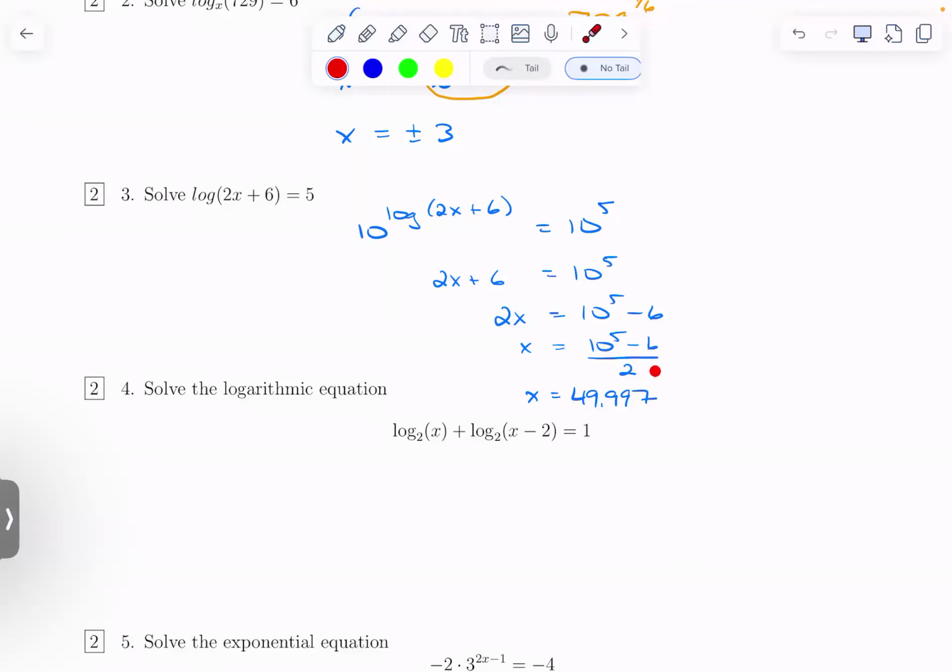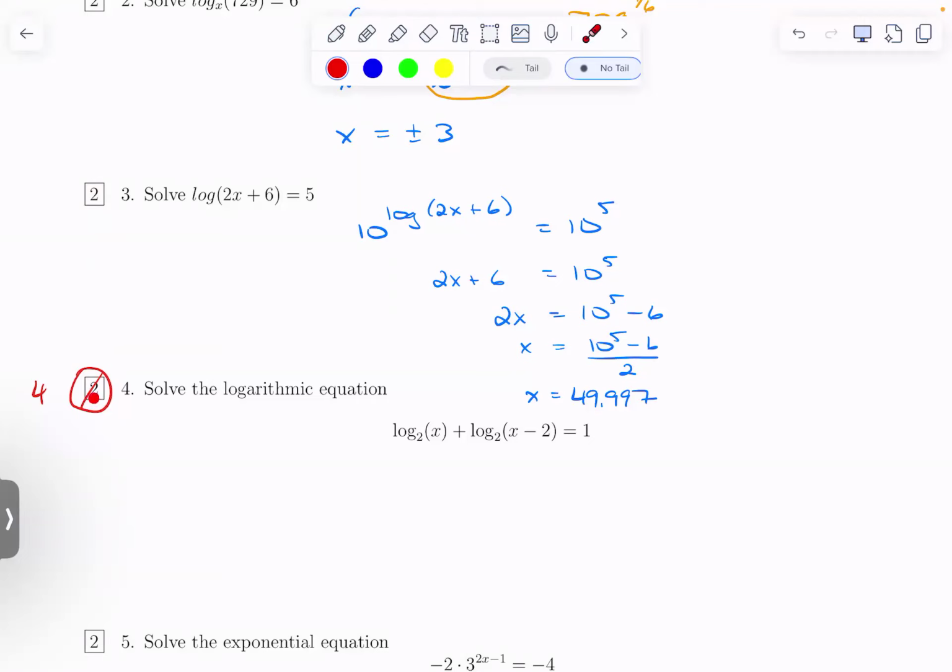As long as you rearranged for x, that's fine. It works out to a nice number, but don't have to. And then I am going to change this to be 4 marks instead. So here, these are the marks roughly.